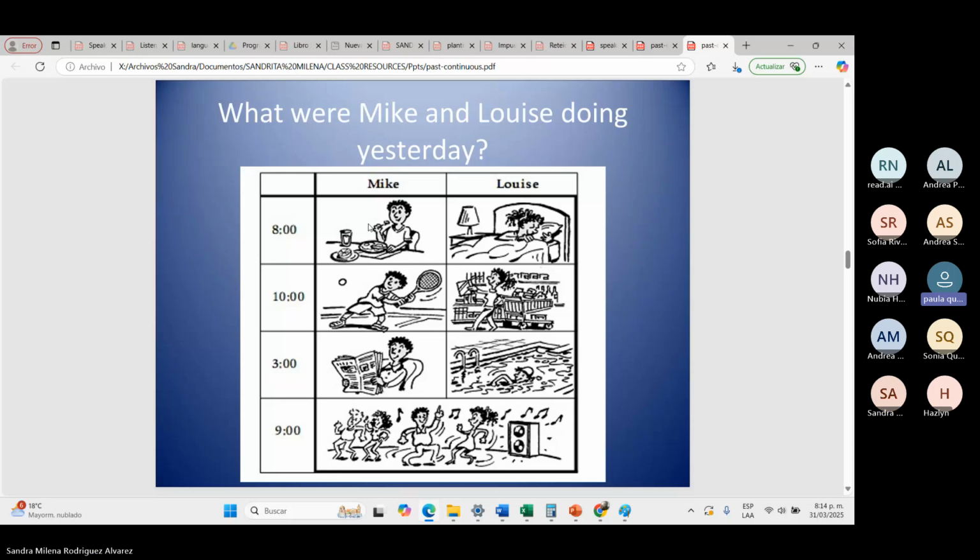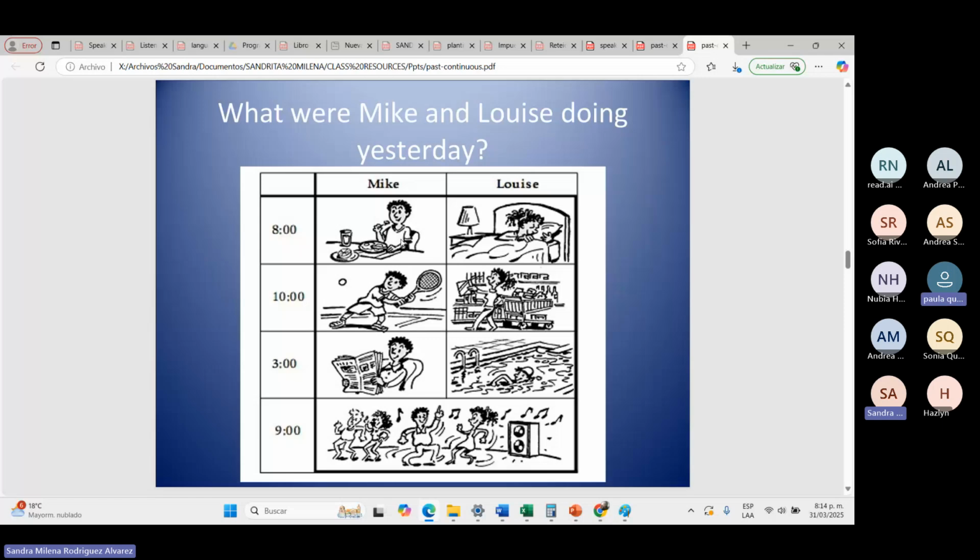Mike was eating breakfast. Mike was having breakfast or eating breakfast.